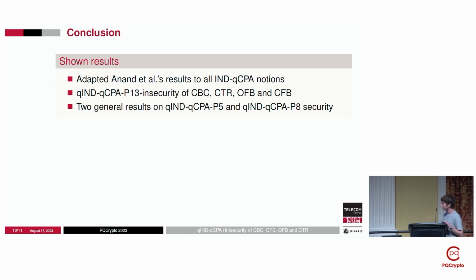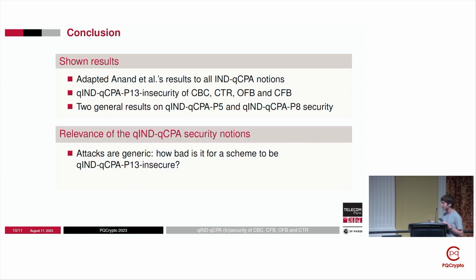Because we also found two general results on P5 and P8 security to say, okay, if we have these assumptions, which are fairly reasonable, then we know for sure that these schemes would be insecure, whatever they do. This begs the question of the relevance of these qIND-qCPA security notions.